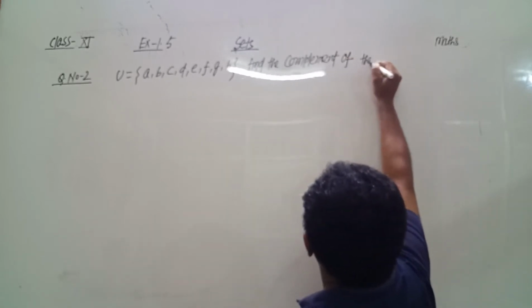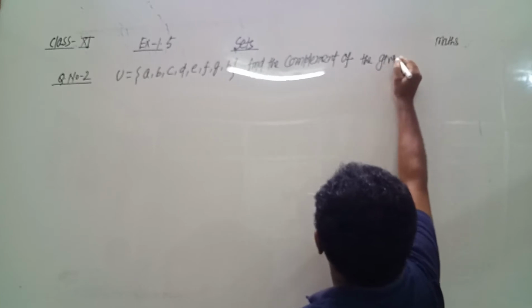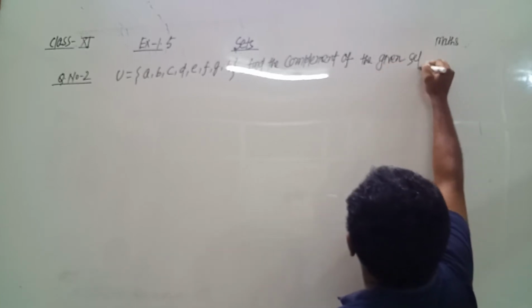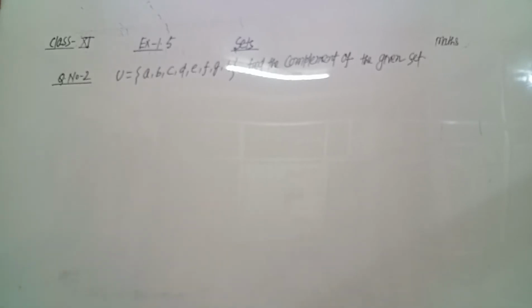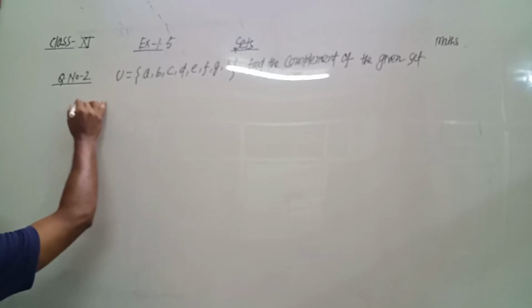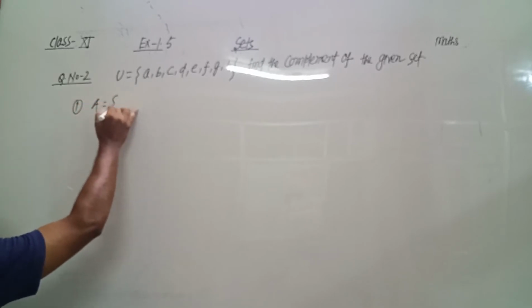Find the complement of the given sets. The first is A = {A, B, C}.